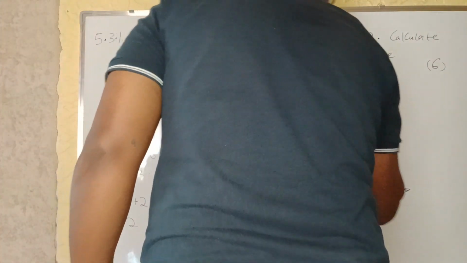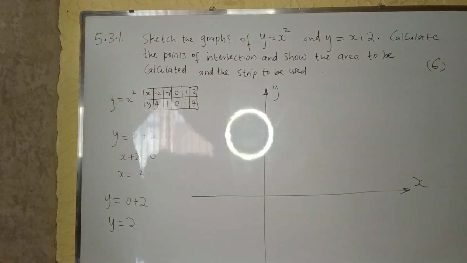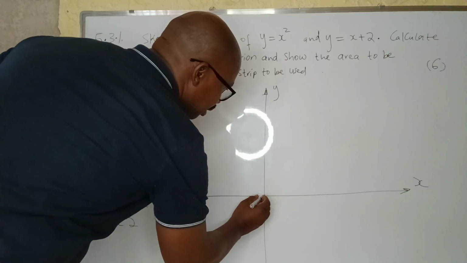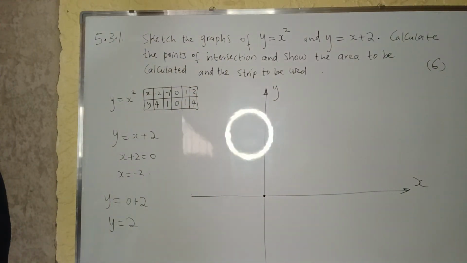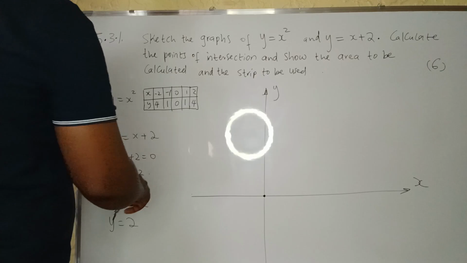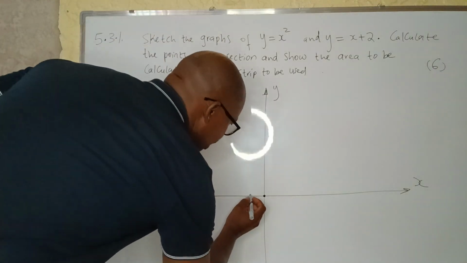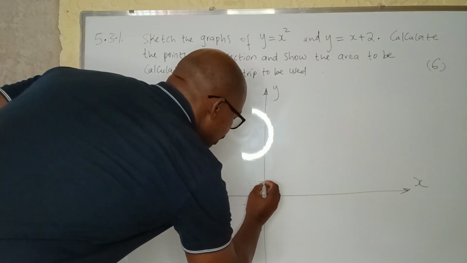Here we have y, that side we have x-axis. Our graph has its point at 0 and 0 here. I'm talking about this parabola. And then this graph here, when x is -1, y is +1. So this is -1, y is positive 1.